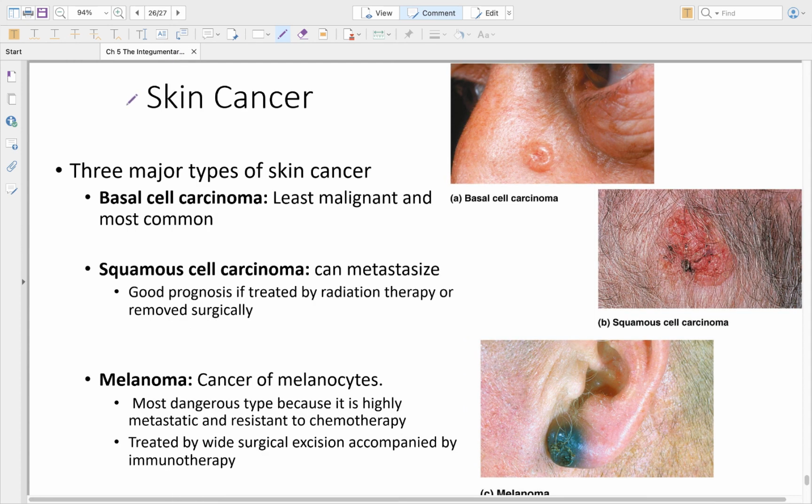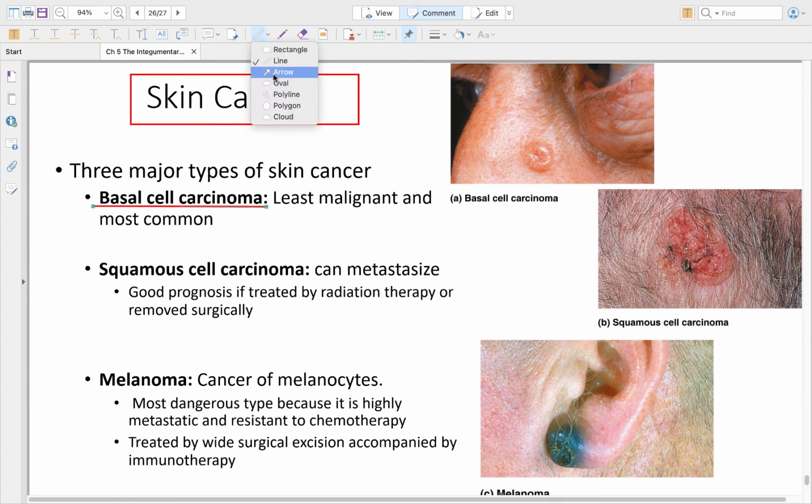The other reason we need to know about the integumentary system is to understand skin cancer. We have 3 major types of skin cancer. The first is the basal cell carcinoma. It's the least malignant and the most common. A doctor can remove something like that pretty easily.